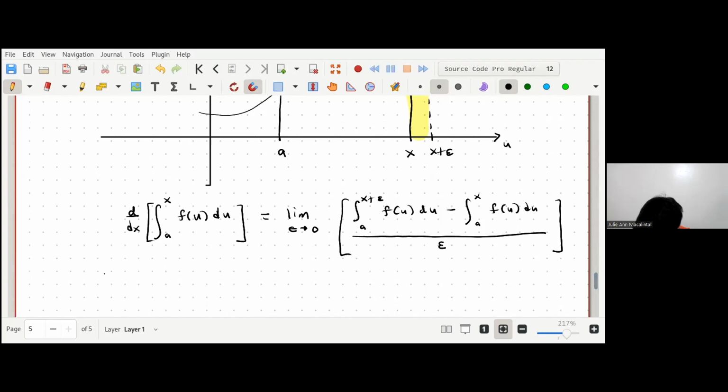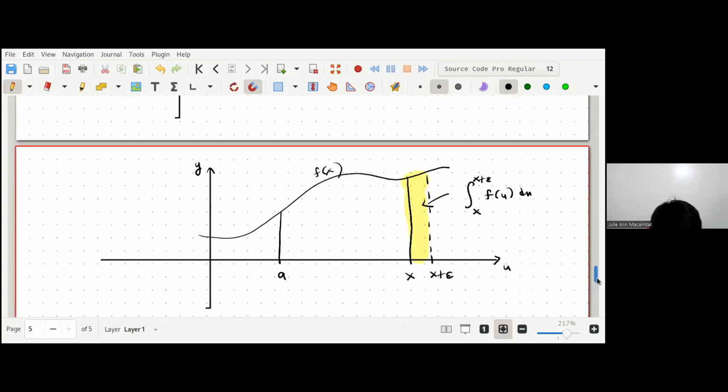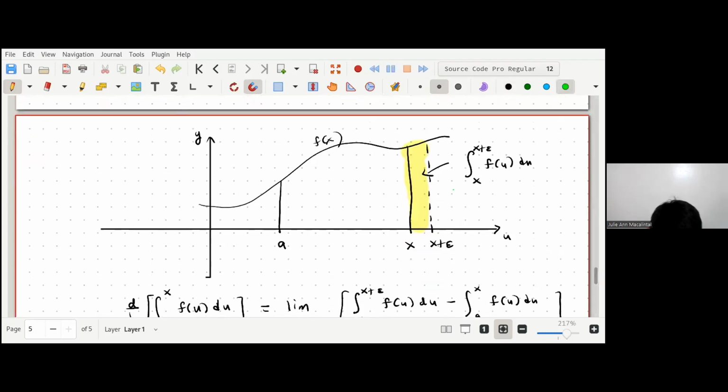And so when epsilon is greater than 0, ang integral from a to x plus epsilon of f of u du minus integral from a to x of f of u du, kasi yung pag x plus epsilon, ang kinukuha nating area ay yung total from a to x plus epsilon.